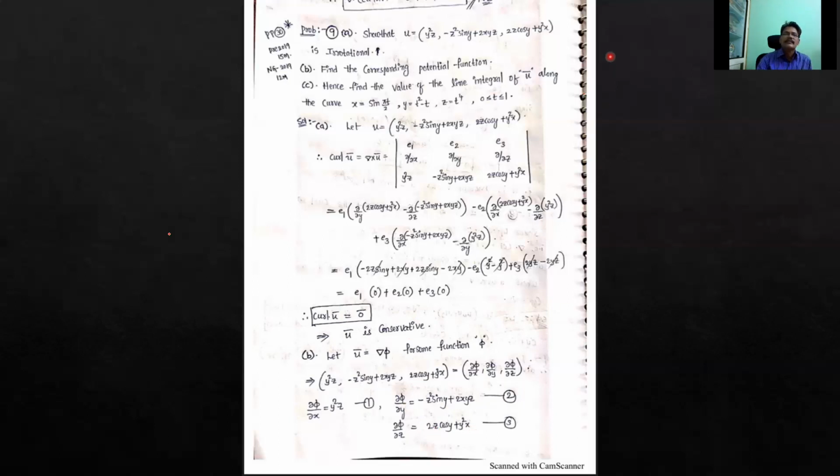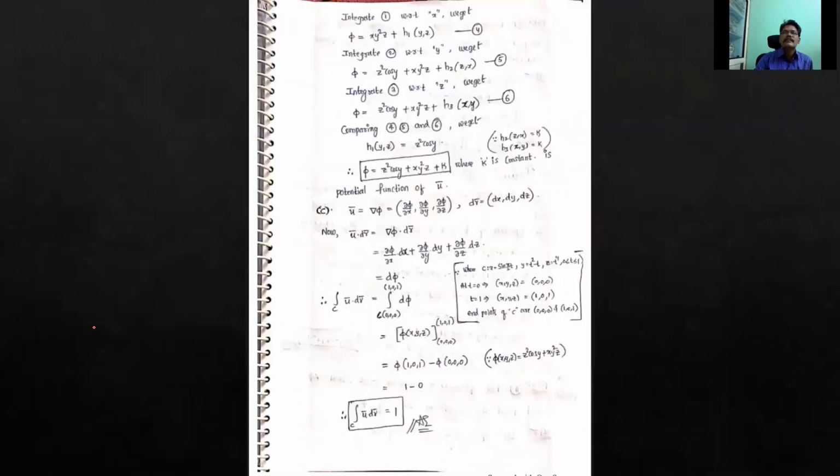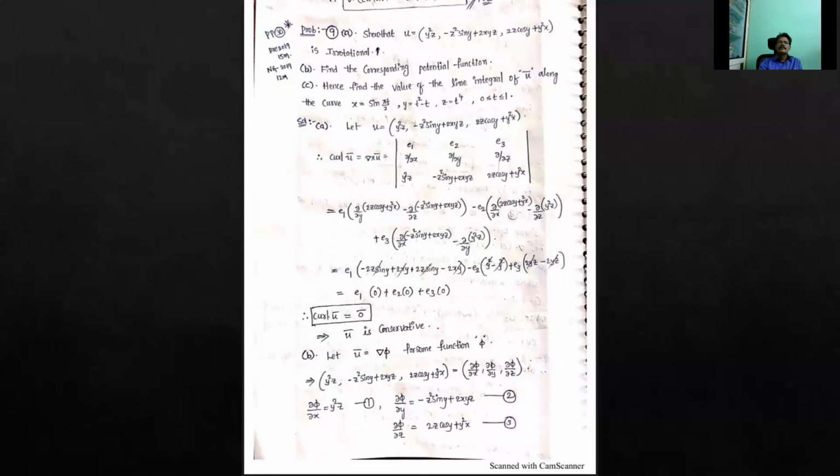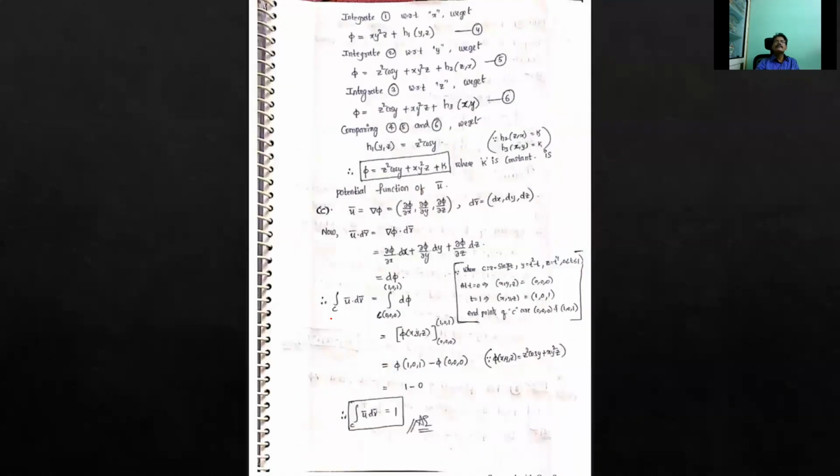From this, integrate 1 with respect to x. ∂φ/∂x equals y²z, and y and z are constant. The integral of dx is x, so we get xy²z plus some function of y and z.